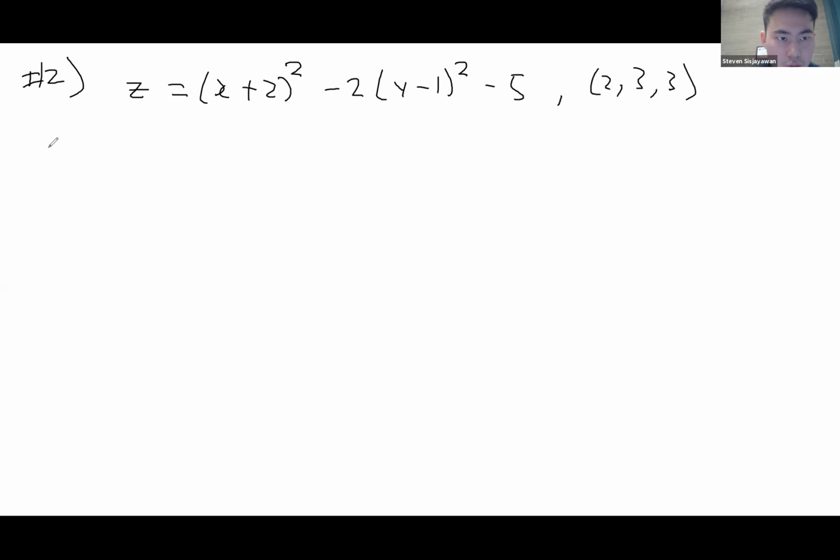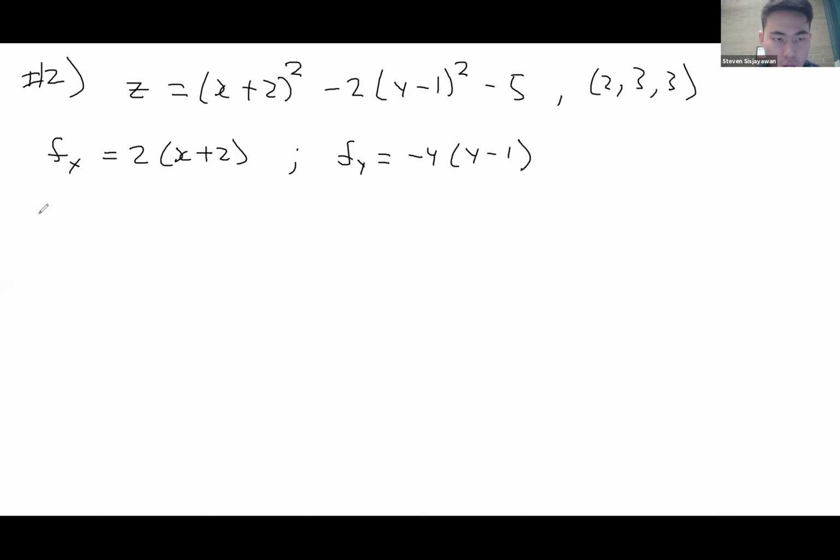The first thing you want to do is always take your derivative and find what fx is. Find your partial derivative in terms of x and in terms of y. In this case, my partial derivative in terms of x is going to be 2 times (x plus 2), since my y is treated as a constant and -5 is a constant. So that's fx, and fy is going to be the same thing as, what is that going to be? -4 times (2y minus 1).